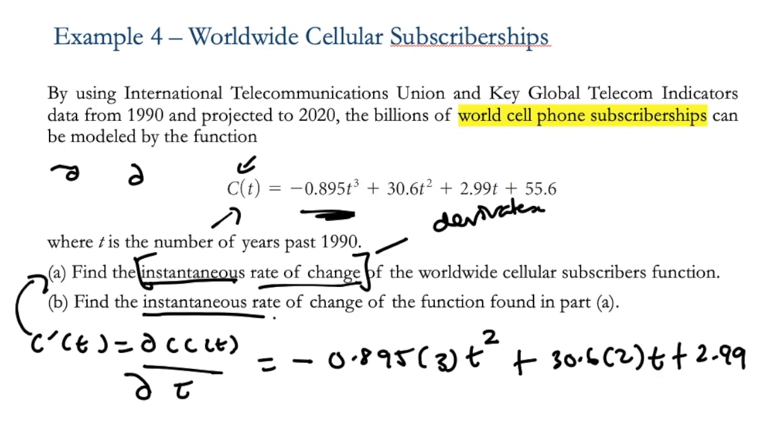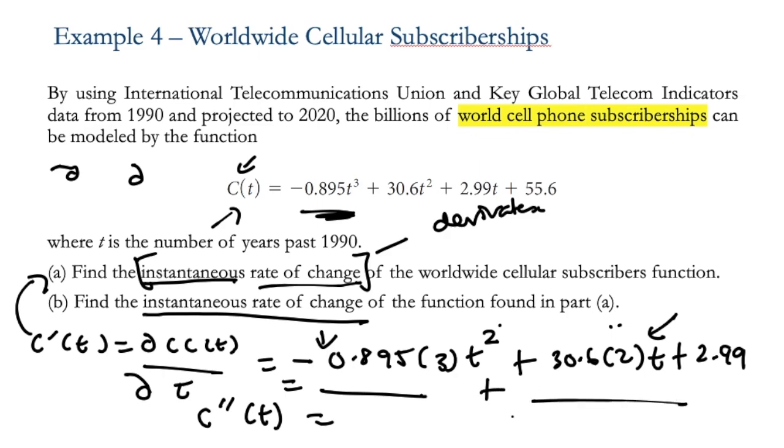Find the instantaneous rate of change of the function found in part A. You have found the answer here in part A. You find the instantaneous rate of change for this one. So that means you need to find C double prime of t. But this one I haven't finished answering. You have to simplify it, plus what here, then you get the final answer.